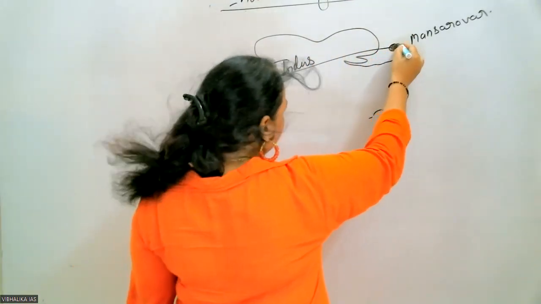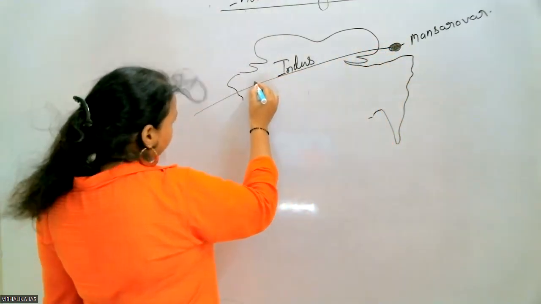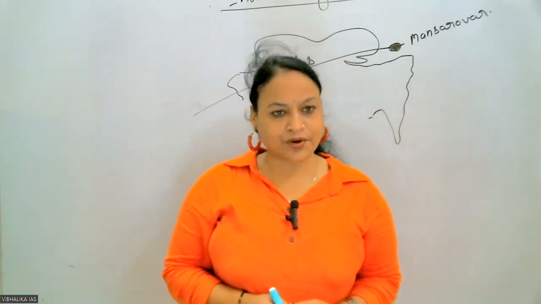It originates from Tibet and flows through Jammu Kashmir, Punjab, and finally goes into Pakistan, right?